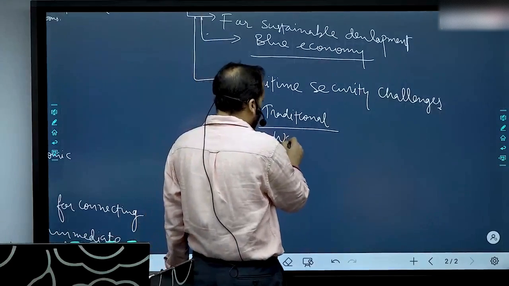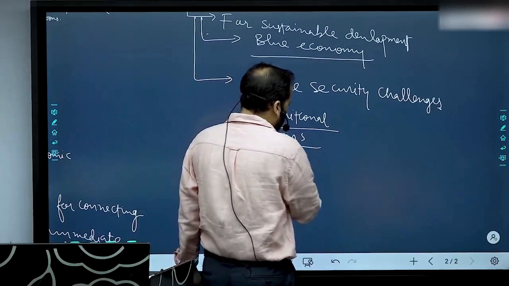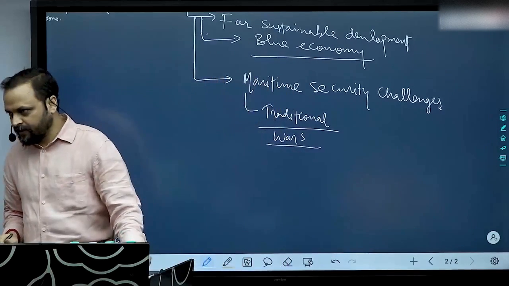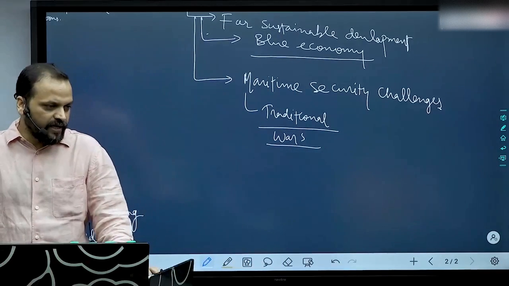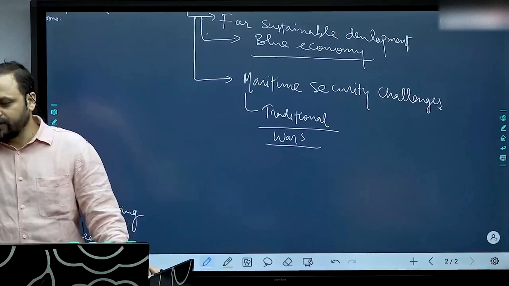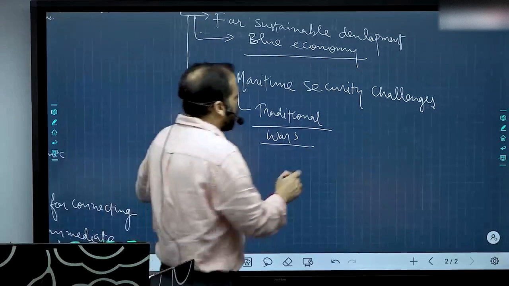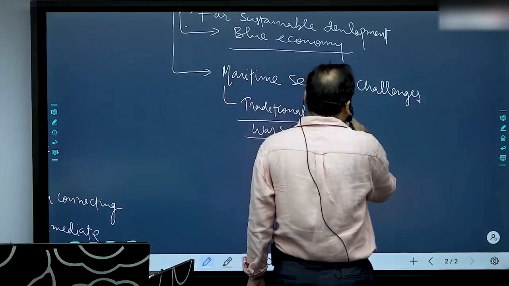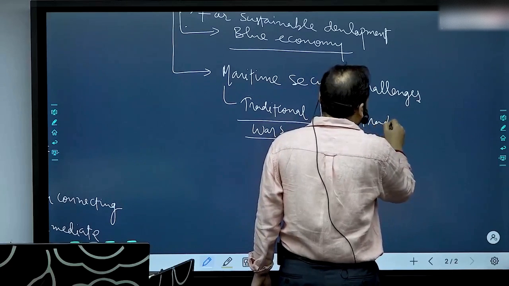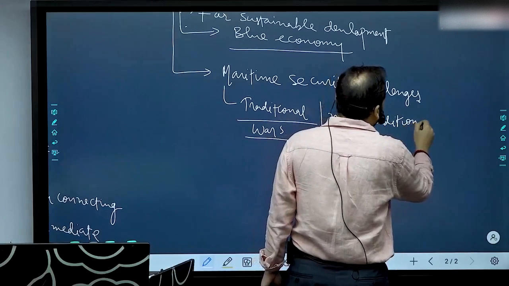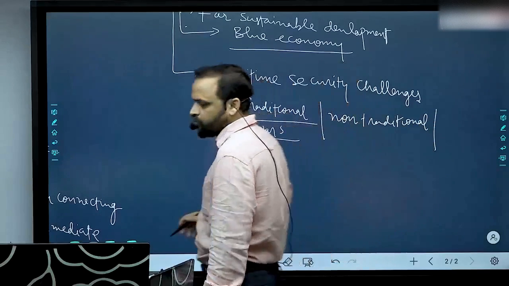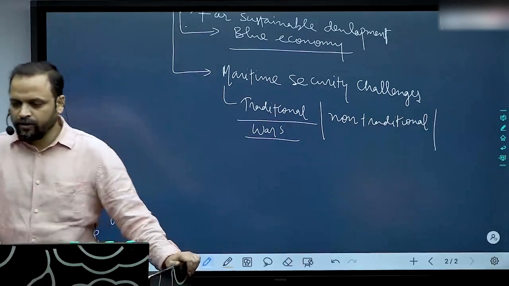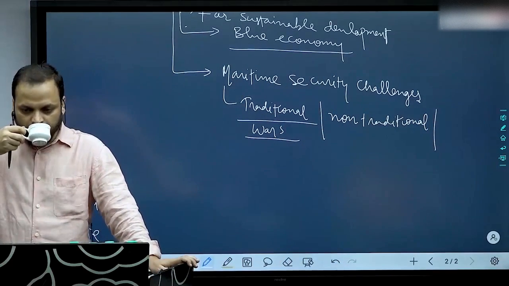In very simple terms, wars are a traditional security challenge: security challenges posed by states and competition between states. And non-traditional simply then is a reference to security challenges posed by non-state actors.